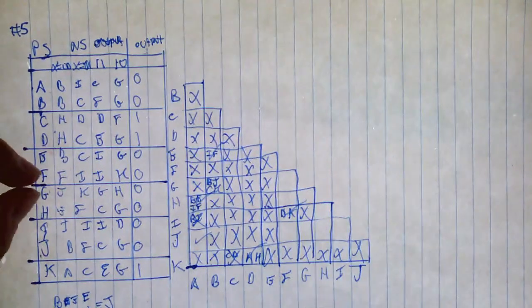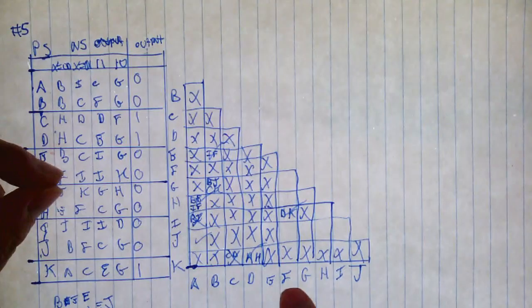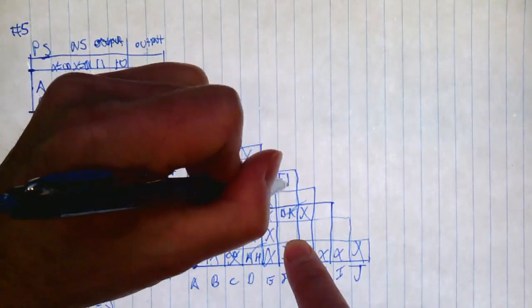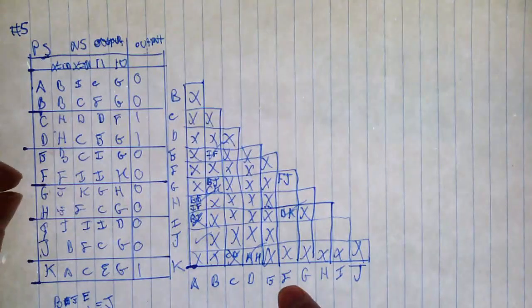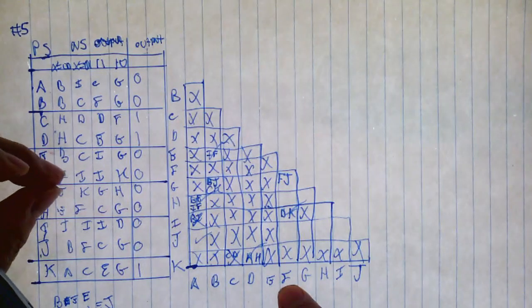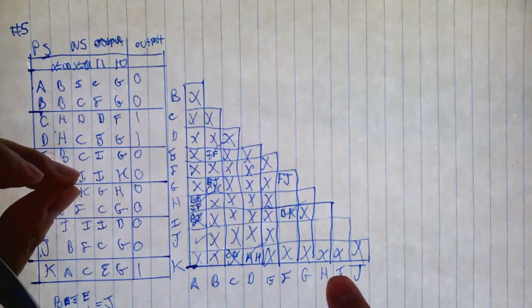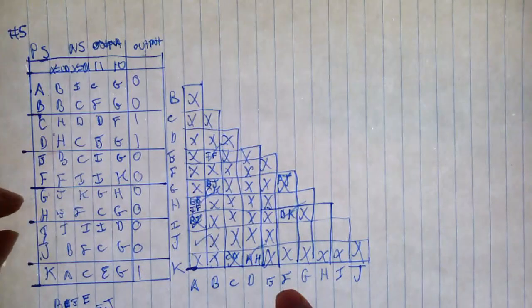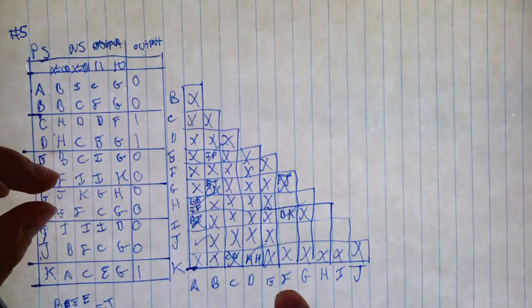FG. FG needs FJ. FJ, we don't know. So now FG needs FJ. IK, that's got an X. FH needs FE.